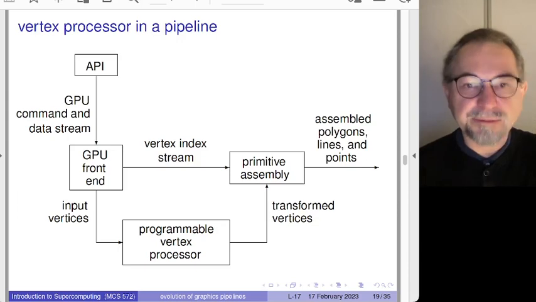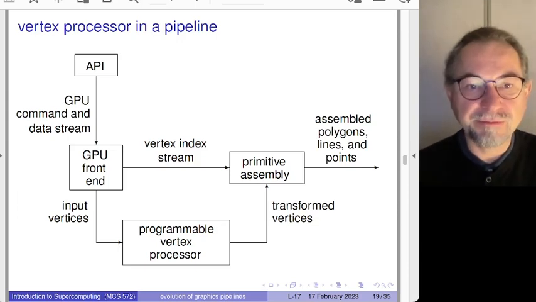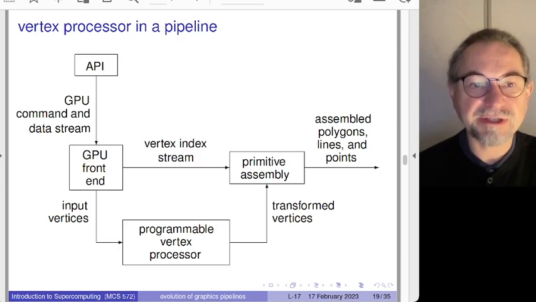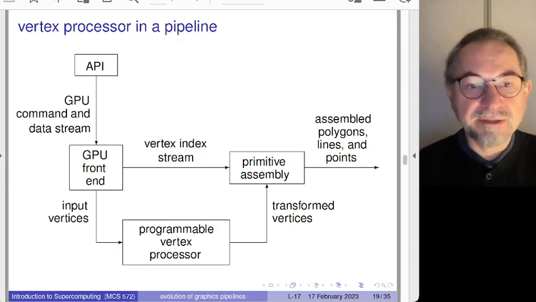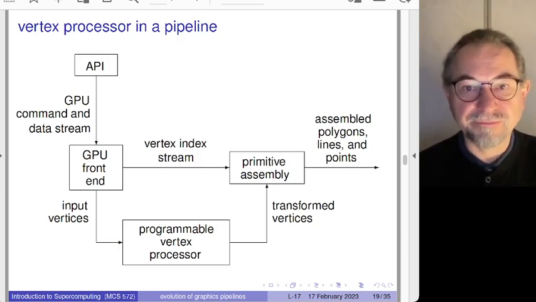Okay, so here is another picture. So we have two programmable processors. What is it actually that they are doing? We first deal with the vertices.